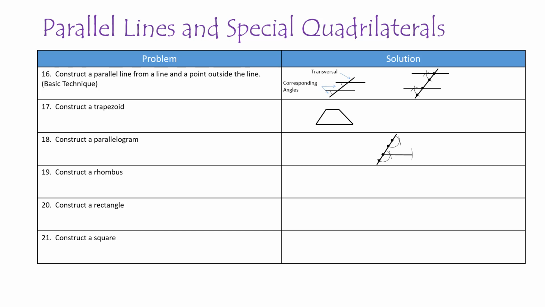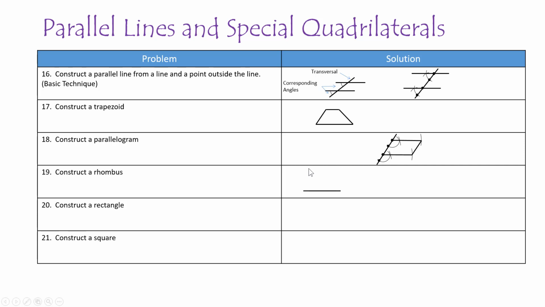Well, first of all, we're going to measure the length of the line segment here, and then we'll measure that same length here. So you draw a line through the crosshatch for that length, and that's the other side of the parallelogram, and then you fill in the fourth side. This takes advantage of the fact that the opposite sides of a parallelogram have the same length, and you'll learn why that's true, and you'll prove that later in geometry.